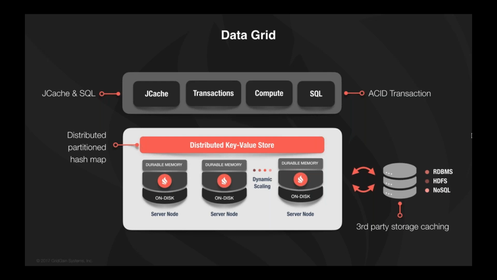Then, for instance, if we have a partition A that is located on this node to the left, then this node will be the primary node for partition A. But at the same time, since we turned on our replication factor, the whole copy of the same partition will be available either on this node or on that node. Why do we need this?